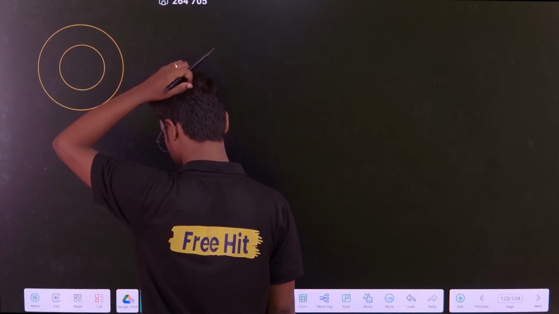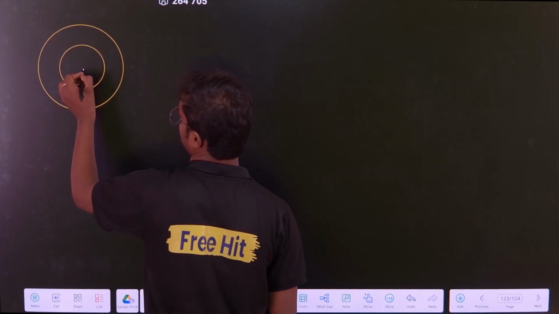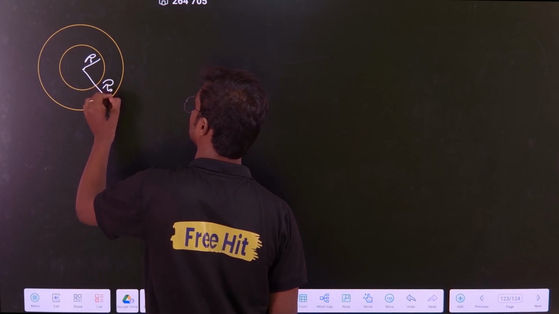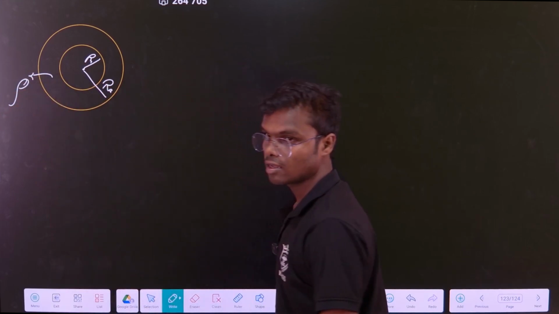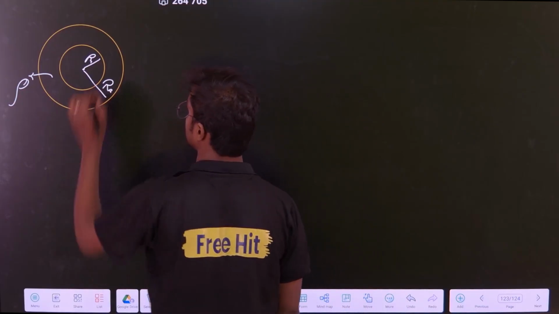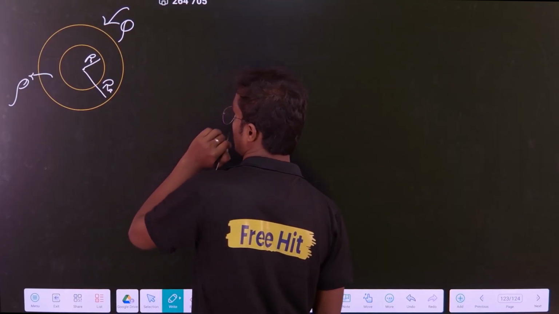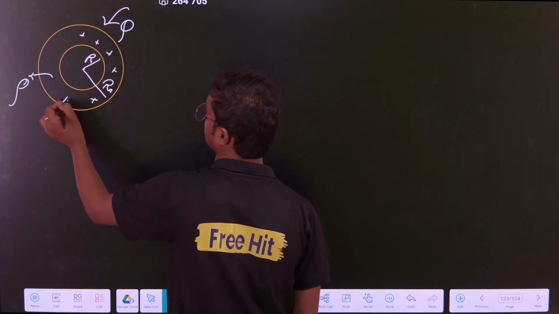Suppose the inner radius is r1, the outer radius is r2, and suppose the rho is also given. Correct? And suppose the charge is q. And obviously the charge is distributed here because it is not a conductor.